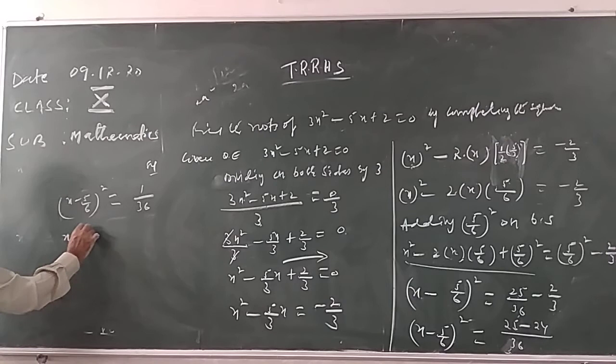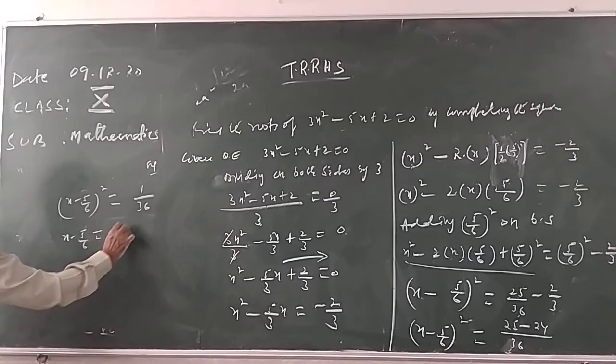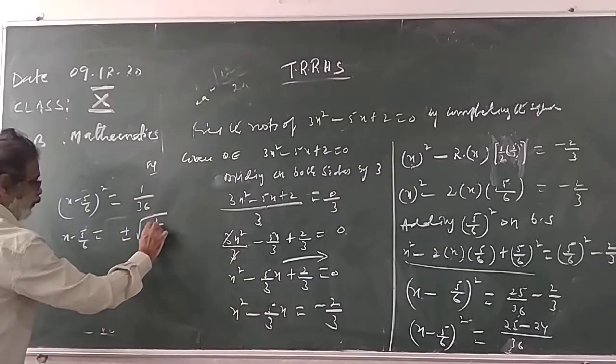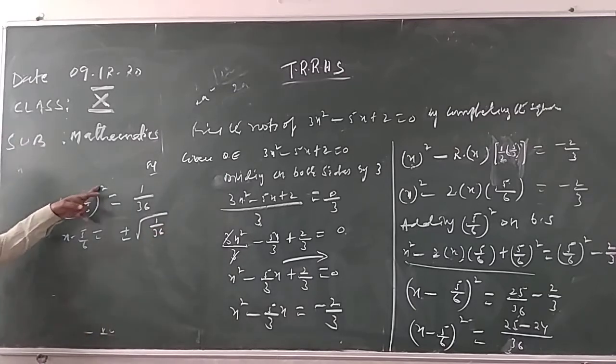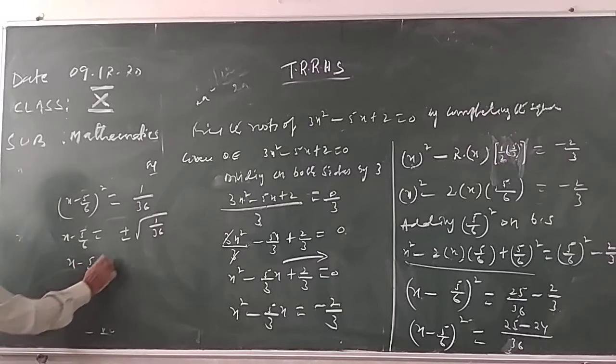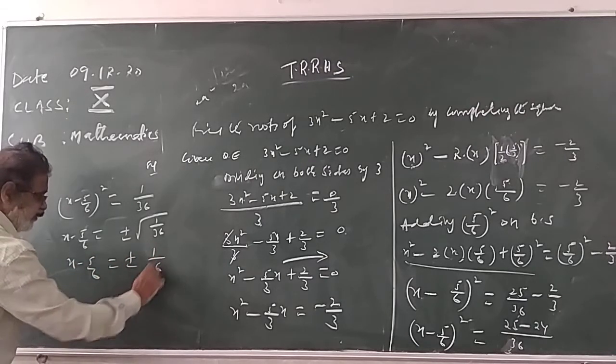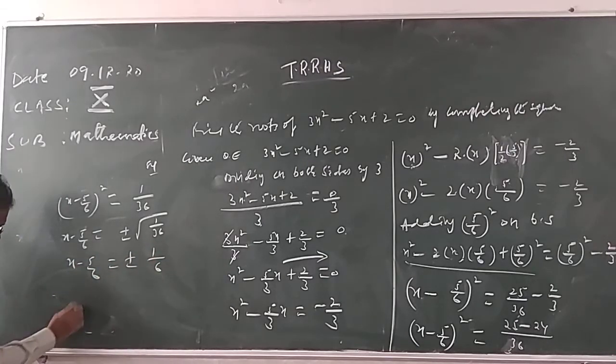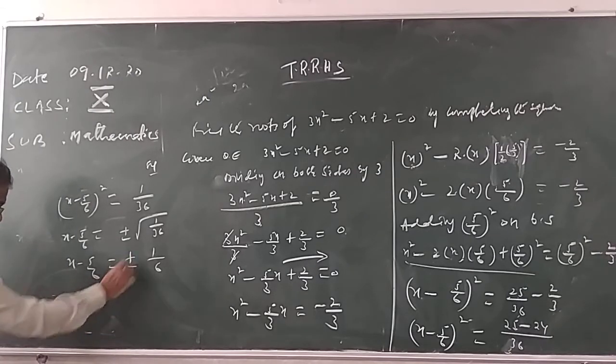Now x minus 5 by 6 is equal to plus or minus under root 1 by 36. When you remove the square, the right side number should be kept under the root. So x minus 5 by 6 is equal to plus or minus 1 by 6. First take plus 1 by 6.